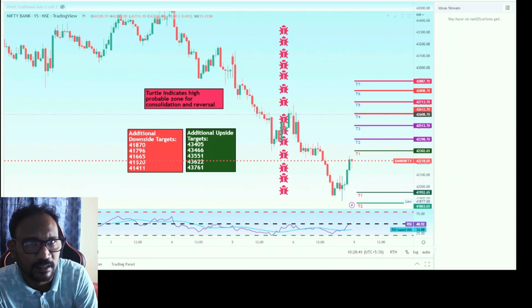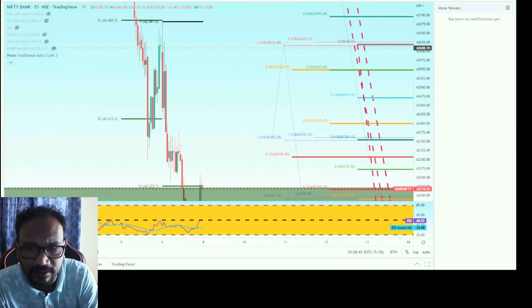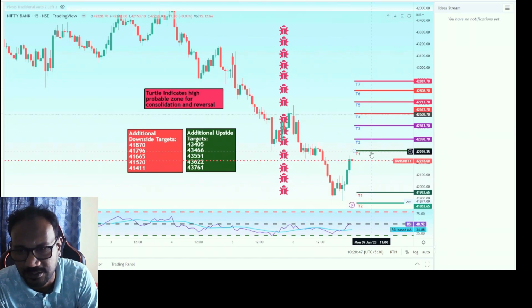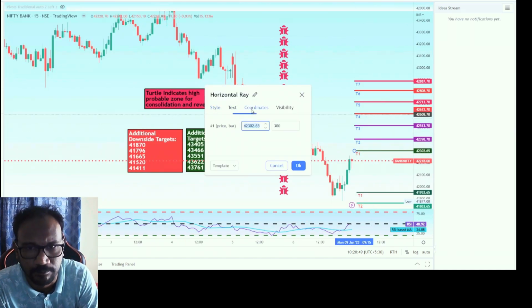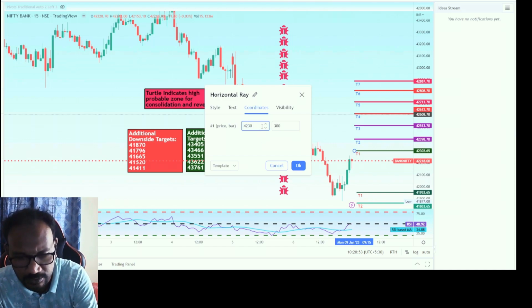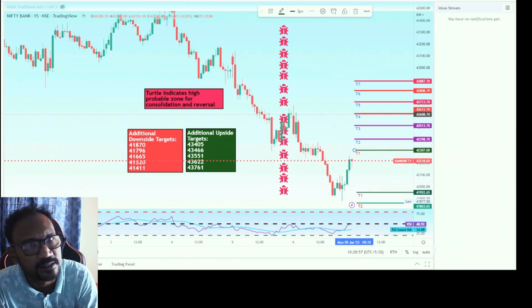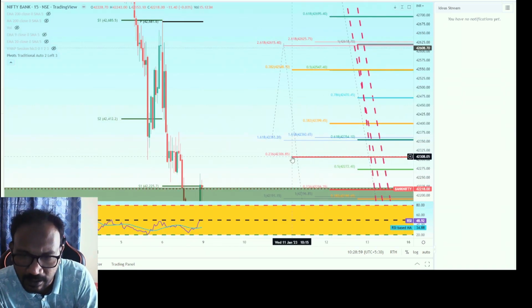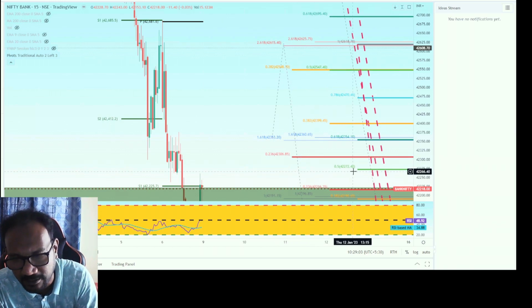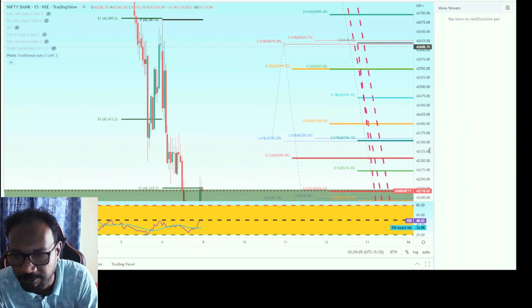So the first level is what we have identified. We identified it as 307, so I'm going to map that as 307. Why am I going to use green color? Because it is a small resistance, and there is only one point coinciding with it, right? Here, if you see, a lot of points are coinciding.